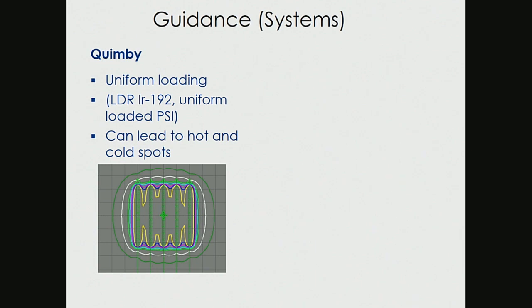A more modern practice with this would be an LDR iridium-192 treatment, where you're using the same source activity in each strand. You're not trying to preferentially load different activities into different strands. The disadvantage of the Quimby system is that it can lead to hot and cold spots within the implant.